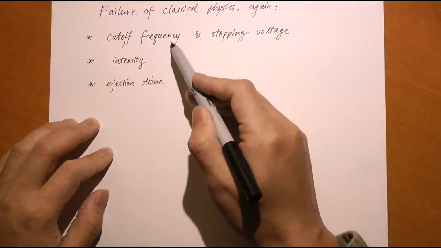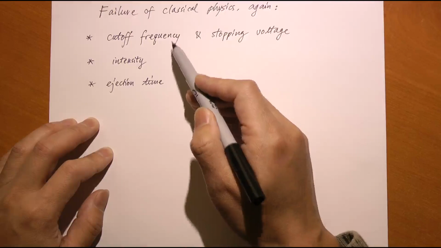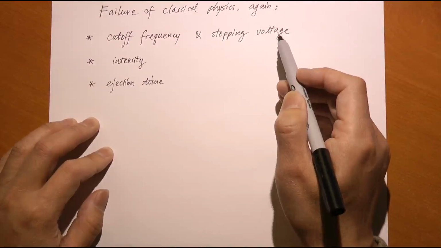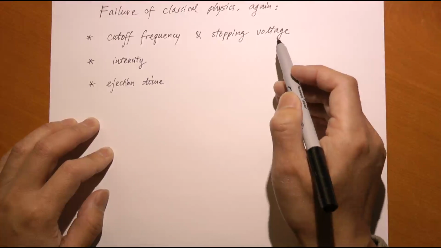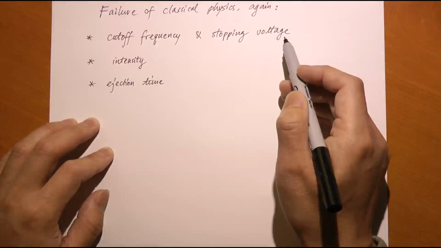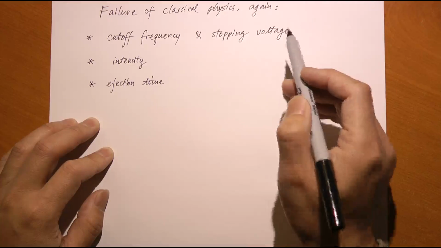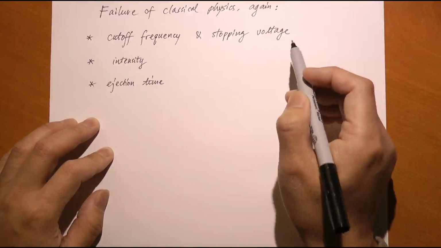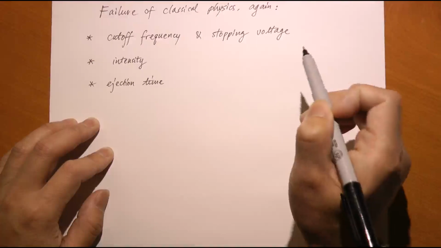And the higher the incoming frequency of light, the greater the stopping voltage. That is, the greater the voltage that you would need to stop the photocurrent from being produced.